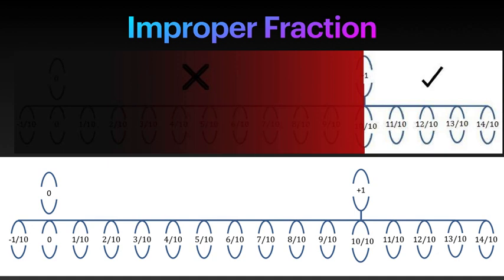Our next unit fraction is 11/10. This means 1 plus a tenth. Adding these together, here comes 11/10. So now you can clearly see 11/10 equals 1 1/10.